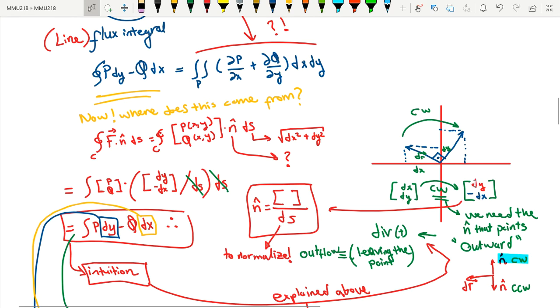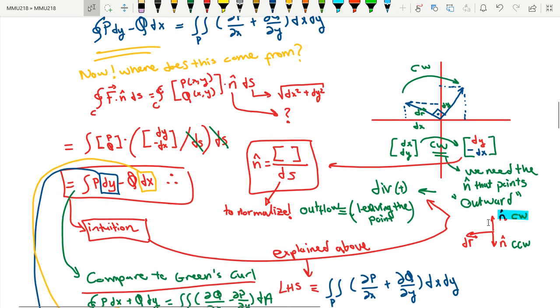So dy becomes my new x component for my normal vector, and then dx, but I will take the negative of dx, and this new vector, which is formed from the dr vector, is going to be my normal vector.